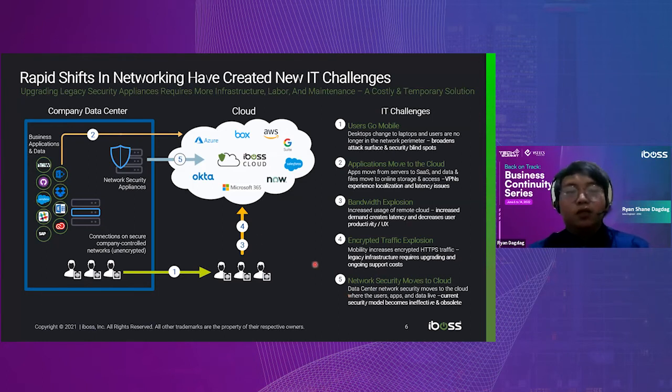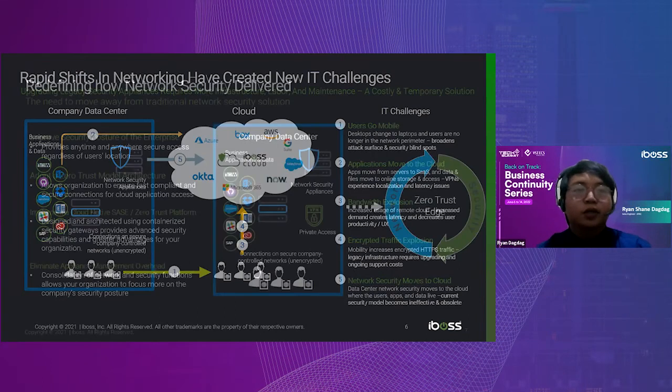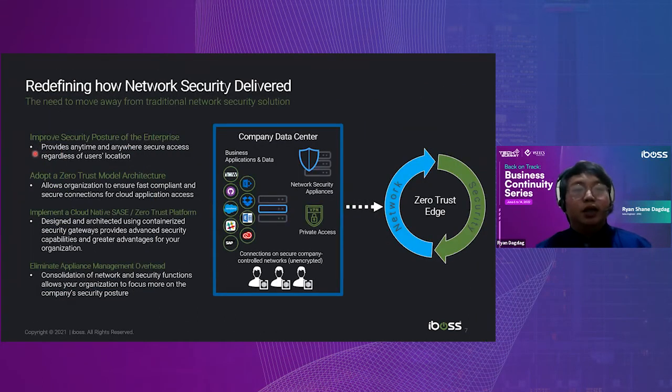So how can we redefine network security using the iboss platform, or the zero trust edge coming from the iboss platform? Simple. First, we need to improve the security posture of the company by providing access anytime to any resources, whether public or private.